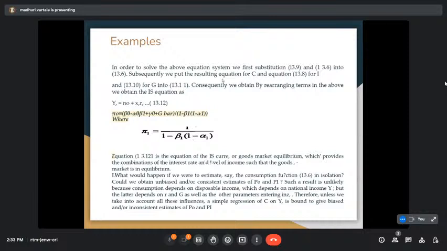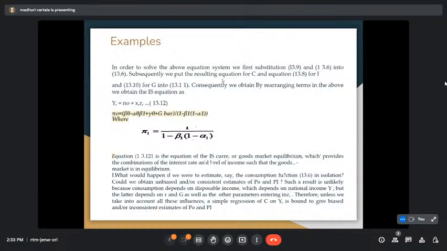So what would happen if we were to estimate, say, the consumption function under this situation? Could we obtain unbiased and consistent estimates of beta 0 and beta 1? Such a result is unlikely because consumption depends on disposable income, which depends on national income. But the latter depends on R and G as well as the other parameters entering in the national income.